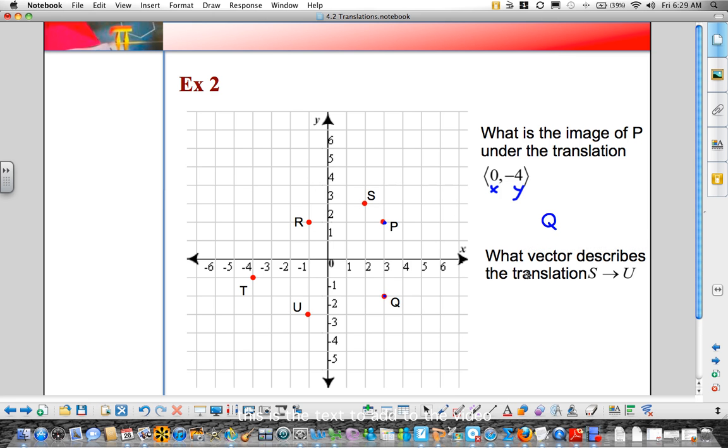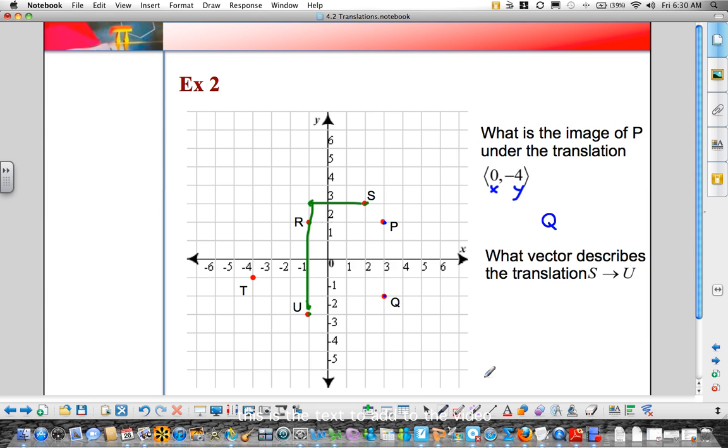All right, the next question asks, what vector describes the translation that moves point S to point U? If I start at S here and move to point U, we need to figure out two things. We need to figure out how far I moved in the x direction and how far I moved in the y direction. So we'll draw those two components right here.